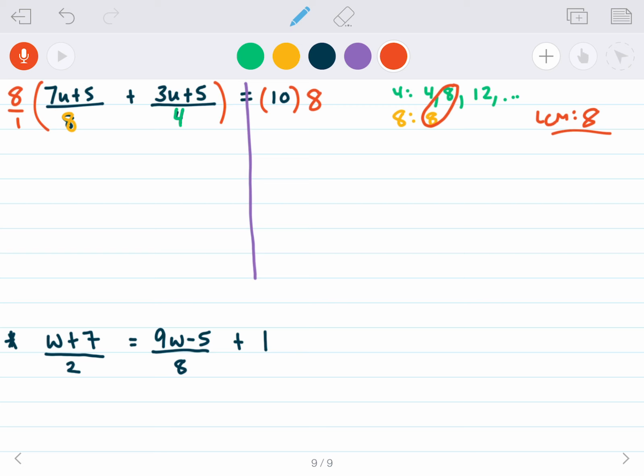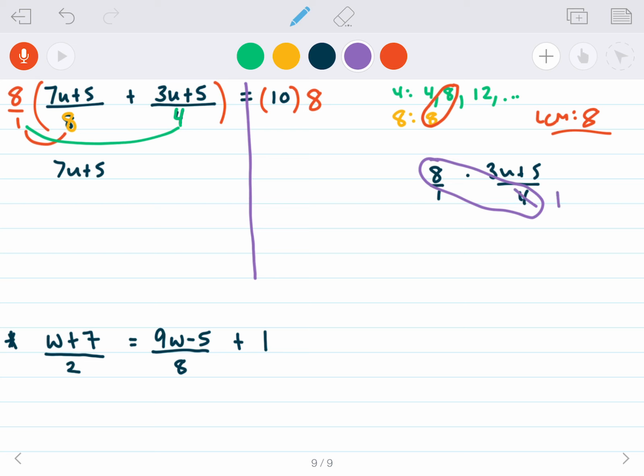So what happens here is the 8's just cancel out, and you're just left with 7u plus 5. Over here, I can write this off to the side. We have 8 over 1 times 3u plus 5 over 4. Now, if you look on the diagonal, 4 goes into itself once, and 4 goes into 8 twice. So we have 2 times 3u plus 5.